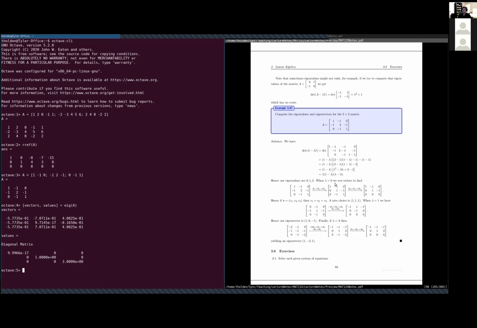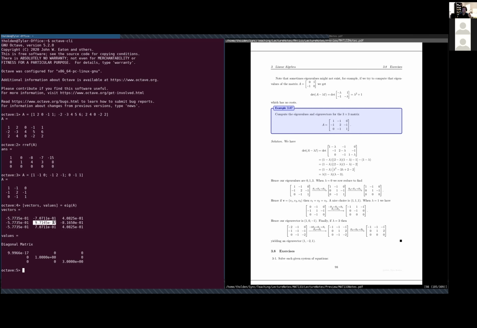I said when lambda equals 0, we row reduce and we get 1, 1, 1, and that's the same thing as this, because any scalar multiple works. What I'm looking for here is a relationship between the variables, between the numbers. Here I notice that they're all the same, so I let one of them be 1, and that makes the rest of them 1. Does that make sense? For number 2, column 2 here corresponds to this eigenvalue.